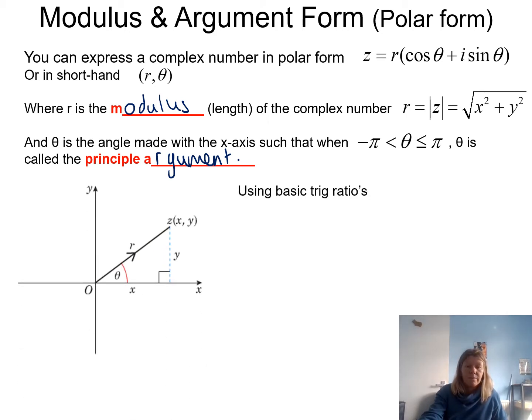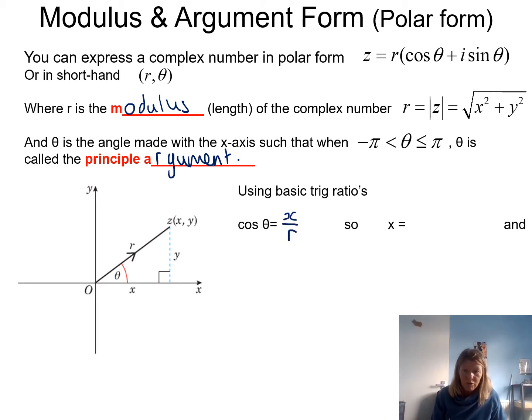There we go. So using basic trig ratios, not rotation, ratios here. Now cos theta is, what is it? Adjacent over hypotenuse. So x in this case over r.